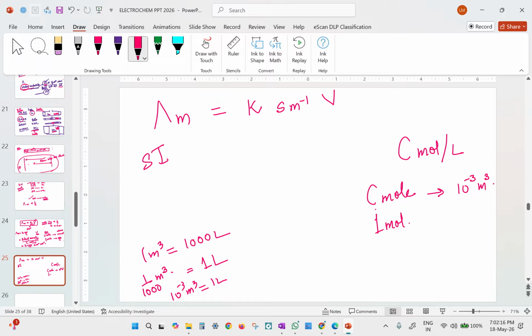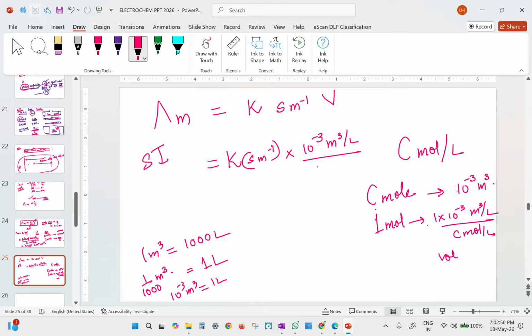So C moles is present in 10 to the power minus 3 meter cube. So 1 mole will come from how much? 10 to the power minus 3 by C, meter cube per liter by C moles per liter. I'll take this as the volume and substitute there. So what will I get? Kappa expressed in Siemens per meter, into 10 to the power minus 3 meter cube per liter by C moles per liter.